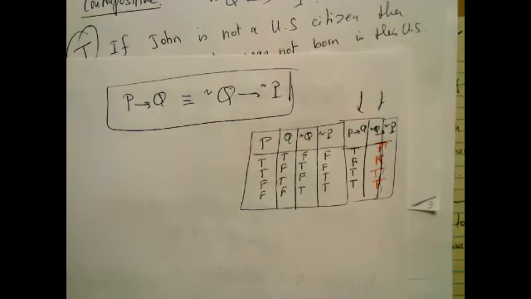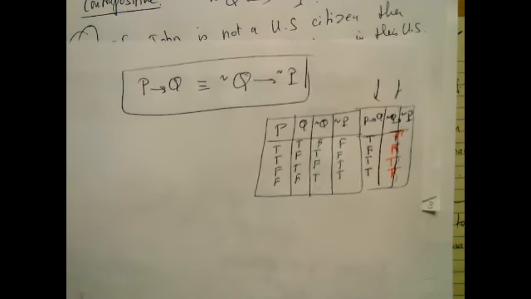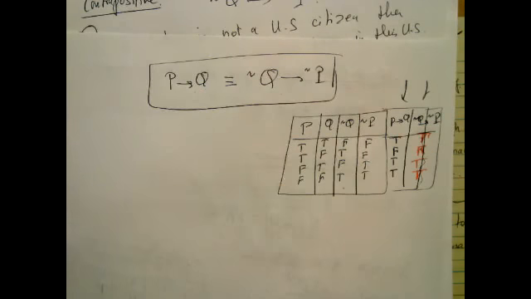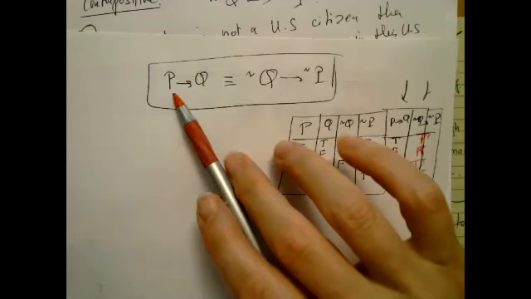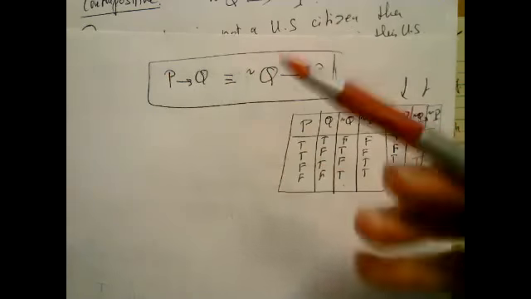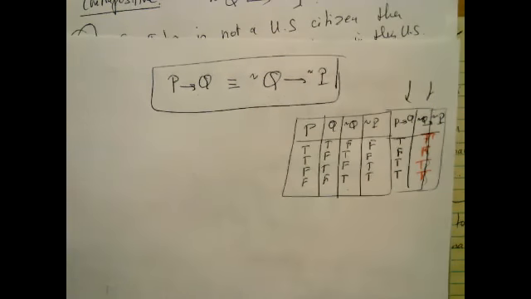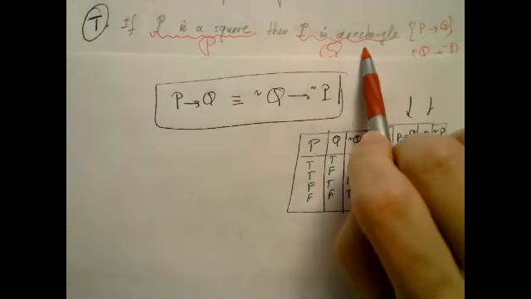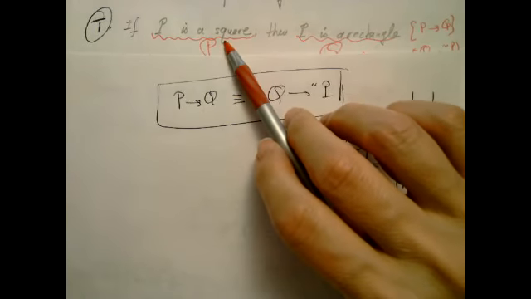So they have absolutely the same truth table. Basically, the contrapositive is logically equivalent to the initial statement, which actually makes sense, because if you go back to the example we have, if P is a square, then P is a rectangle, it means that if it's not a rectangle, then P is not a square.